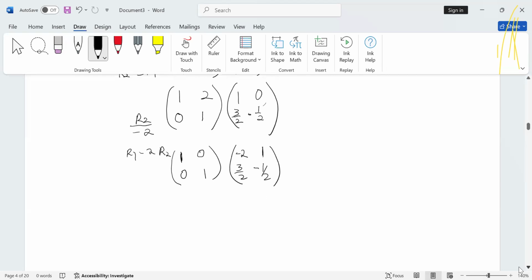Because we know that matrix times its inverse gives us an identity matrix. We just multiply the matrix and that inverse and see whether it will give you an identity matrix.